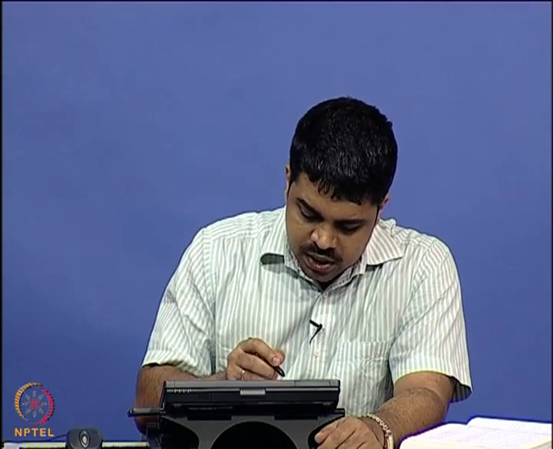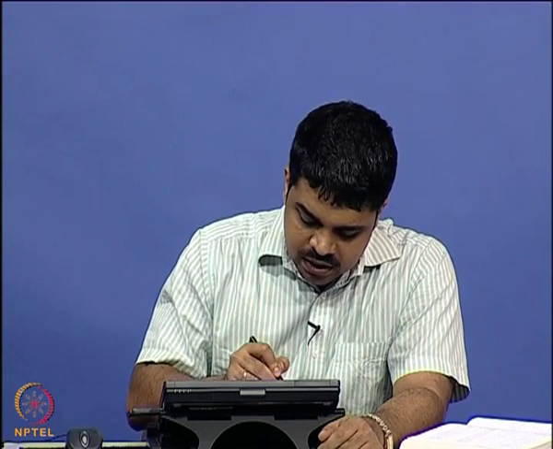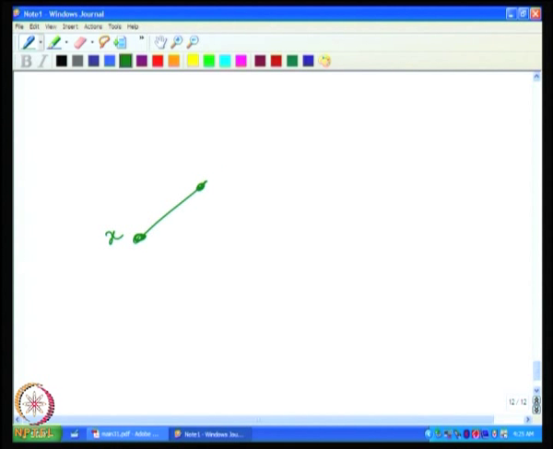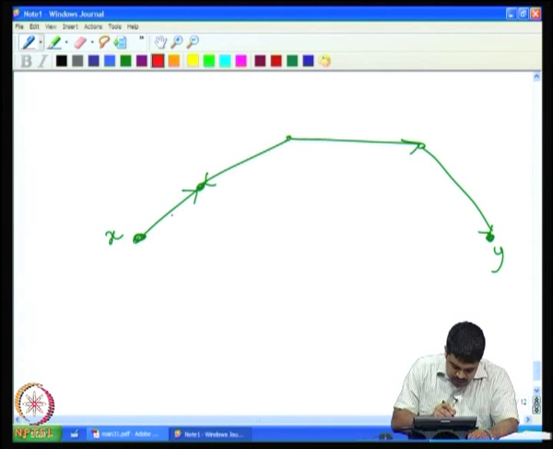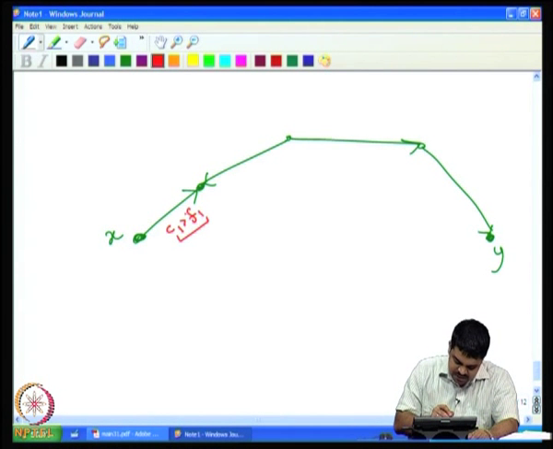For instance, say this is the source. Suppose you have a sequence of these arcs here. Some other arcs can also be there, but you have just identified this set of arcs. This is a path from x to y, and it so happens that this arc has capacity C1, but the flow value is some F1 strictly less than C1, that means it is not full here.